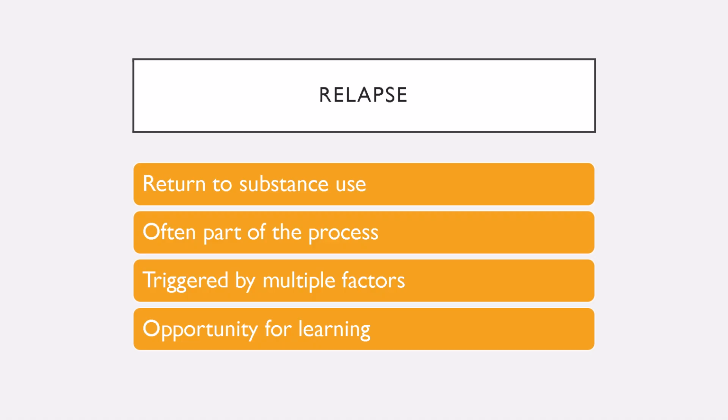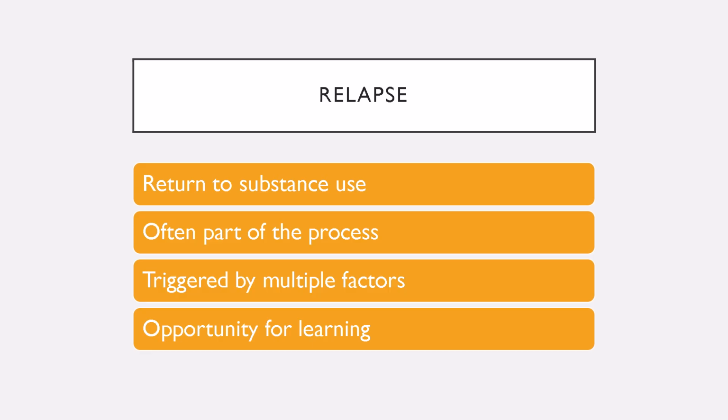So relapse is often one of the most misunderstood aspects of addiction, because a lot of people view relapse as a failure. But from a clinical perspective, it's often part of the process. I tell my clients to look at relapse as a learning opportunity, because we get to learn what didn't work and come up with a new solution.